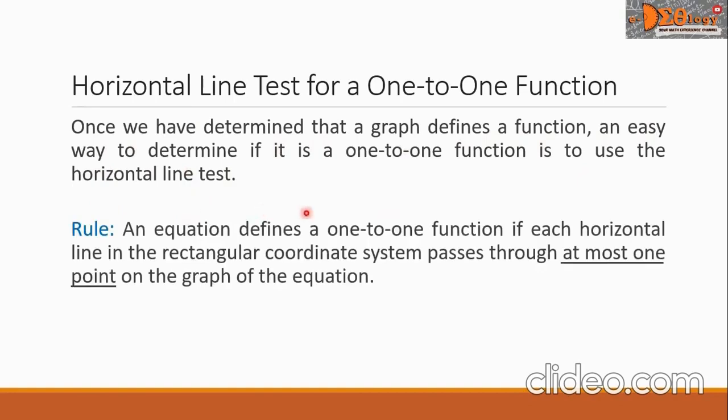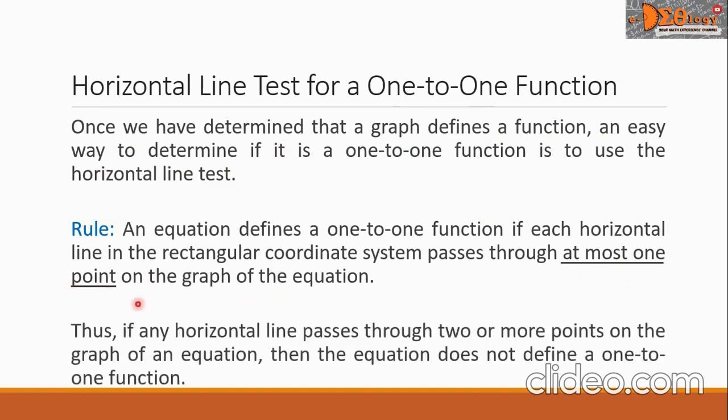An equation defines a one-to-one function if each horizontal line in the rectangular coordinate system passes through at most one point on the graph of the equation. Thus, if any horizontal line passes through two or more points on the graph of an equation, then the equation does not define a one-to-one function. Let us see some examples.